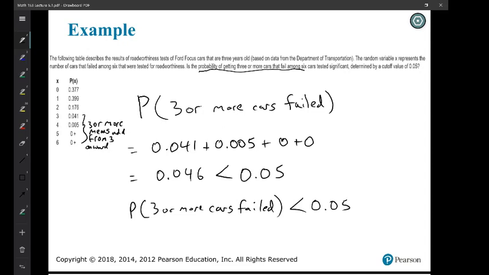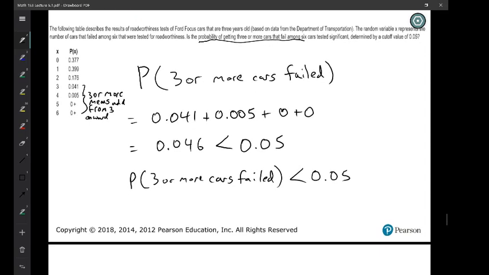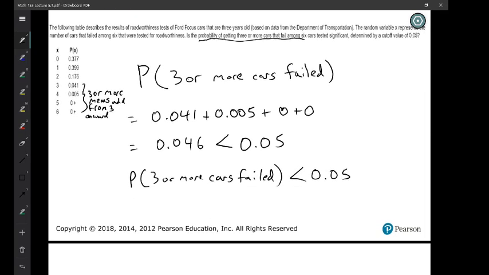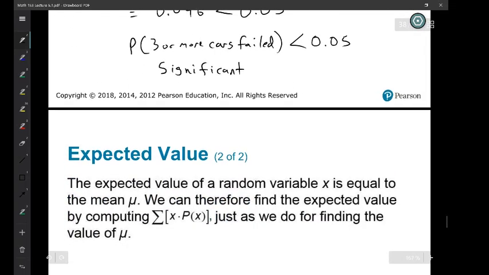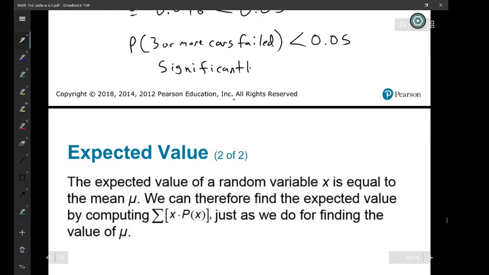So this is significant. Significantly low.